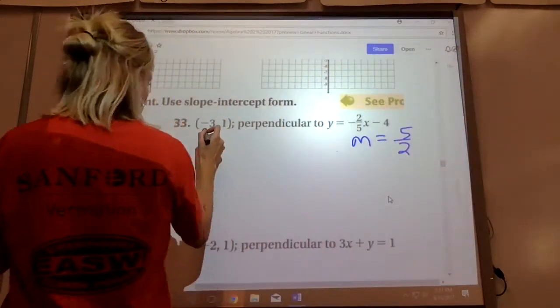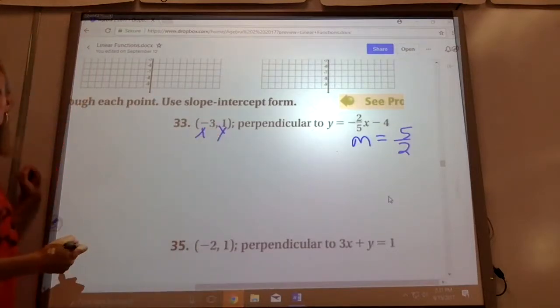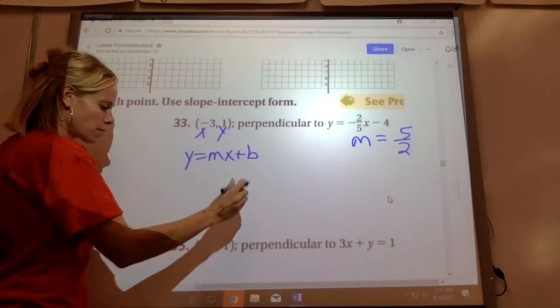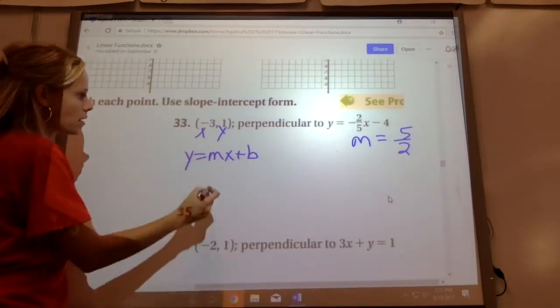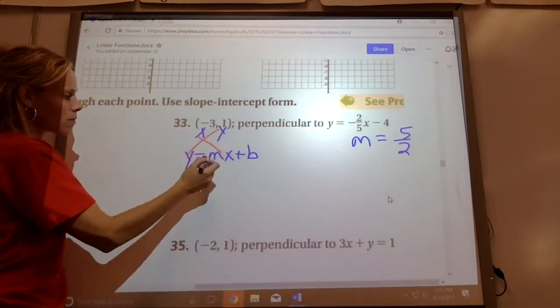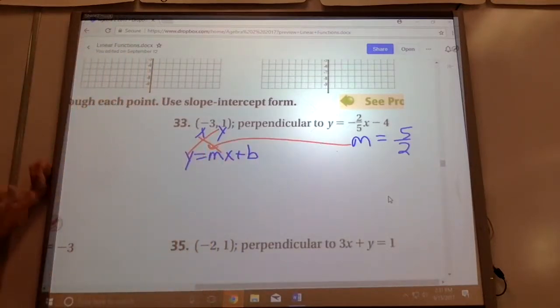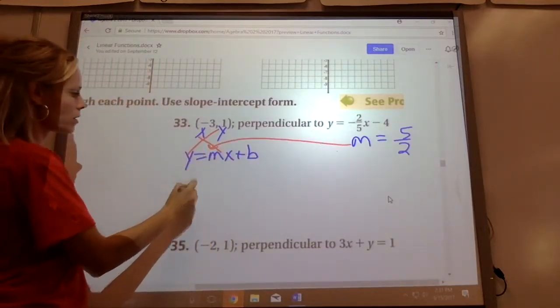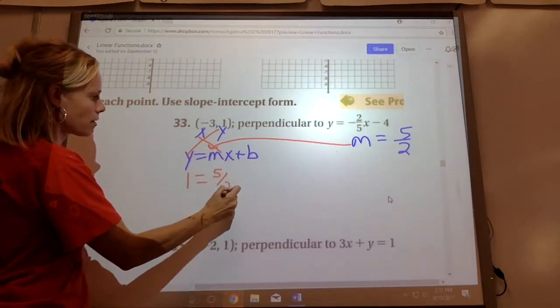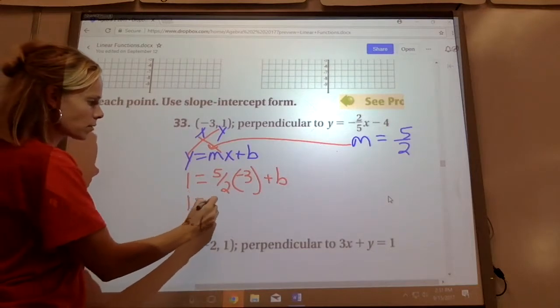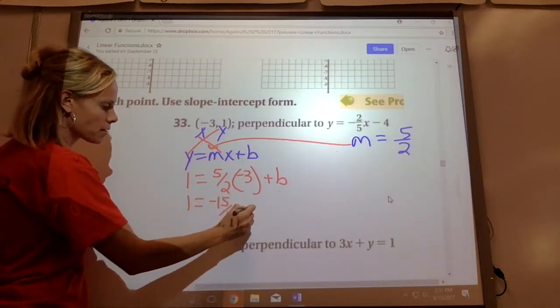I have a point right here. Here's my xy point. So then, if I use y equals mx plus b, I can sub the x for x, y for y, m for m, and find the b. So 1 equals 5/2 times -3 plus b. 1 equals -15/2 plus b.